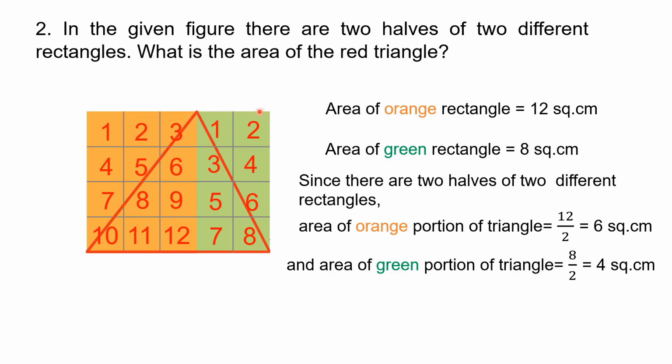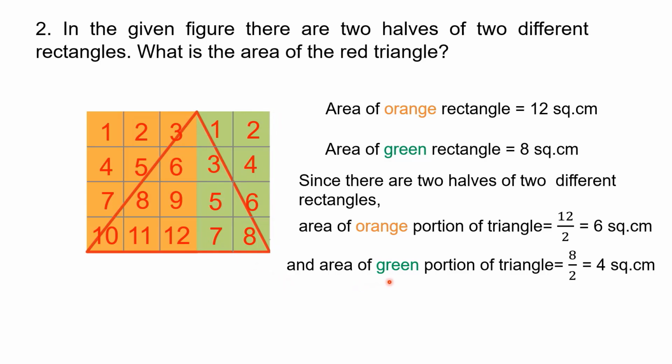The area of the green rectangle is 8 square centimeters. And this red triangle is dividing this green colored rectangle into two halves.